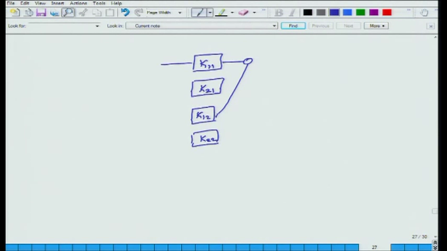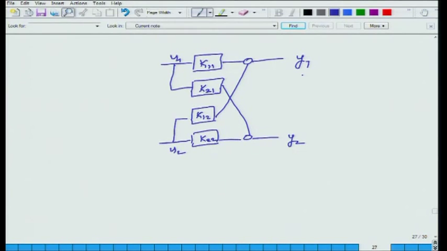Okay, this goes like this and this goes like this. So, what I am doing is I am pairing y1 with u1 and I am pairing y2 with u2. Let us say I do not have a control system, but let us say I am an operator. I am told, look boss, you have to maintain y1 and y2 at set points.